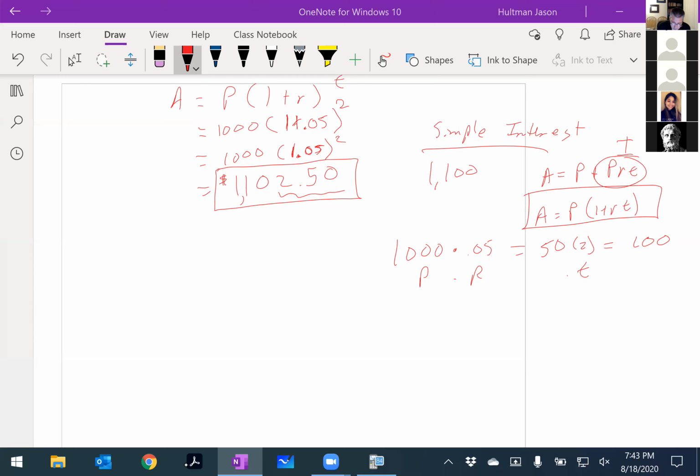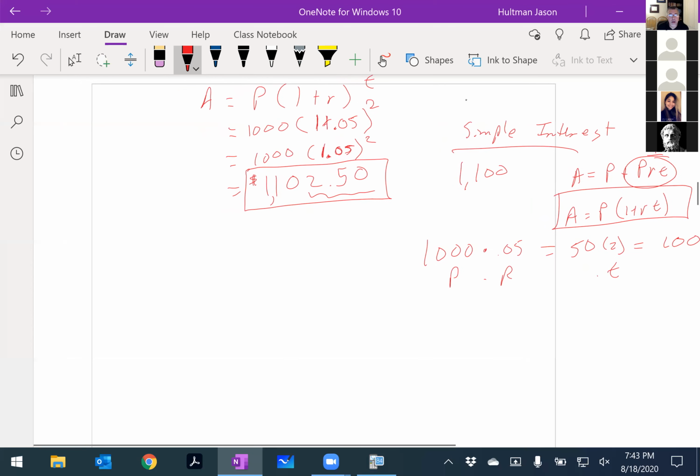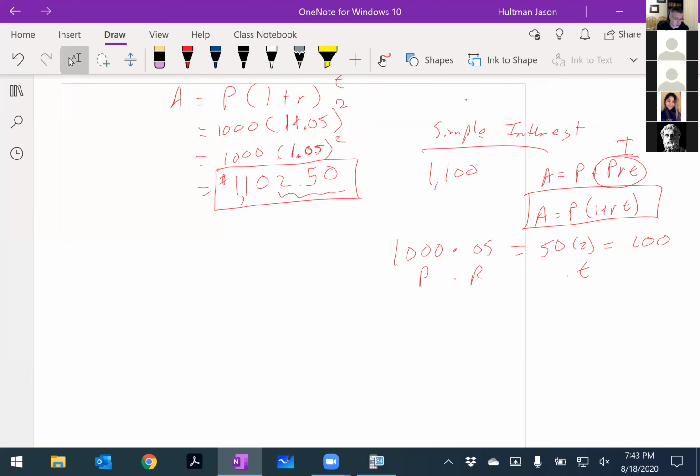Gabriel, you read my mind. When do we use this formula? Well, that's exactly what we're going to do next. We're going to use the compound interest formula.